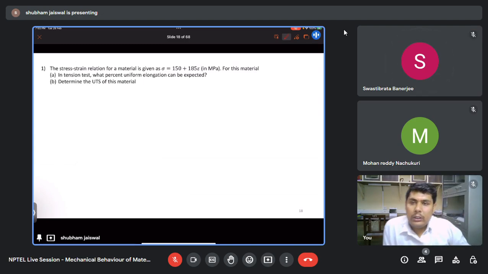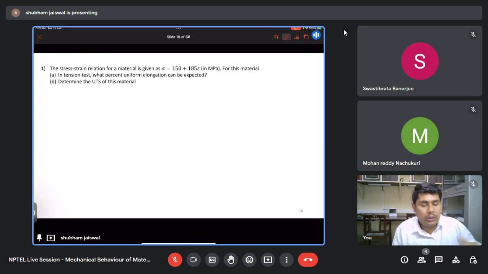So the first question is: the stress strain relation for a material is given as sigma equal to 150 plus 185 epsilon in megapascal. For this material in a tension test, what percent uniform elongation can be expected? Determine the ultimate tensile strength of the material.